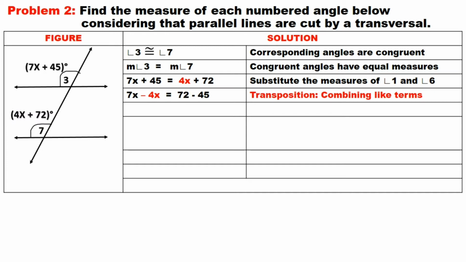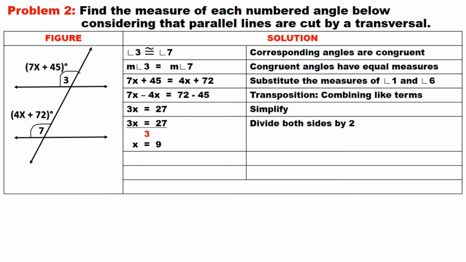By combining like terms, we will transpose positive 4x from right to negative 4x to the left and positive 45 from left to negative 45 to the right. To simplify both sides, 7x minus 4x equals 3x, 72 minus 45 equals 27.